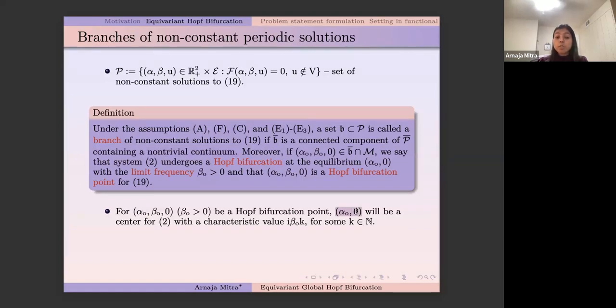That makes sense because a center is nothing but, for that fixed parameter value, my system having a purely imaginary eigenvalue, of course of the linearization of the system. In that case we can also prove that not only beta naught, but also i beta naught k for any natural number k is a Hopf bifurcation point.